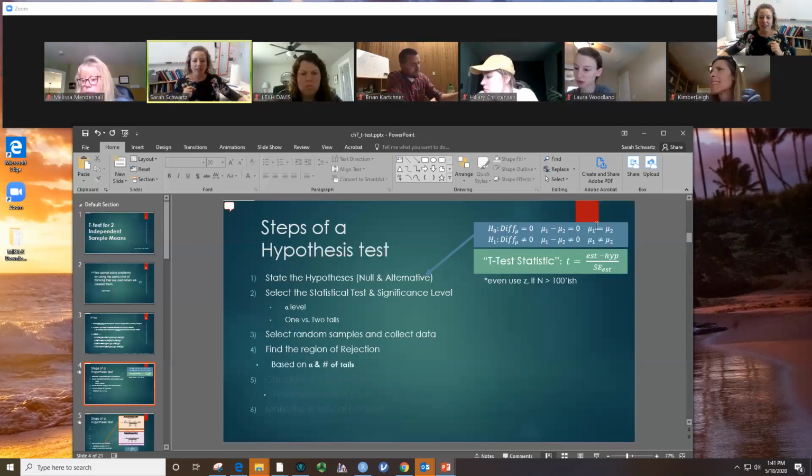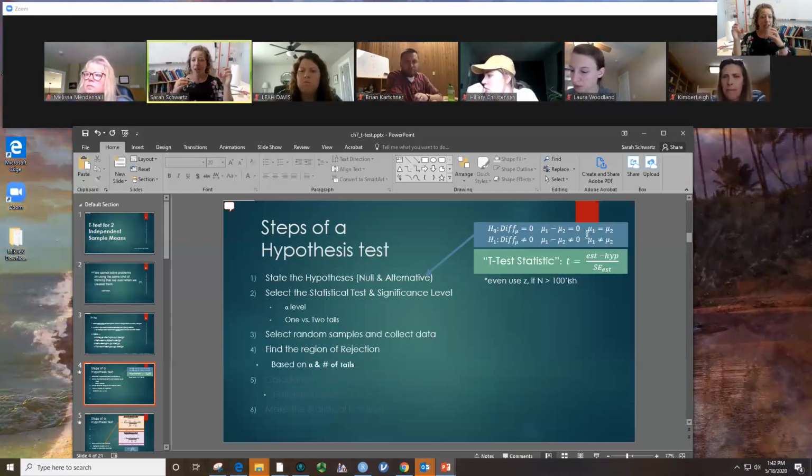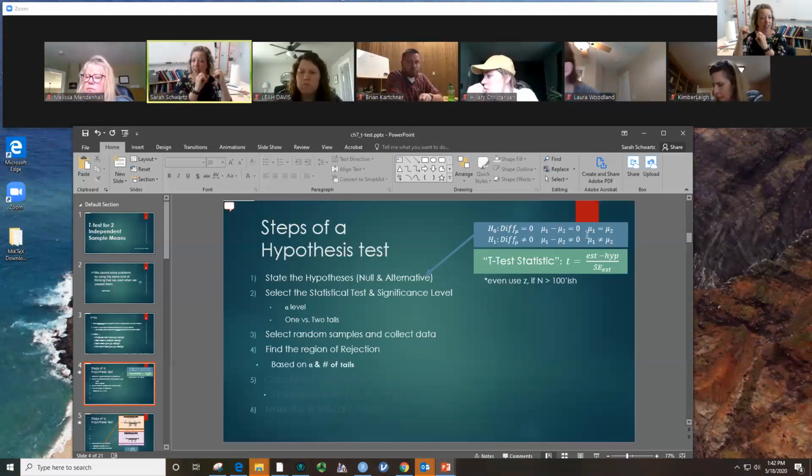Or we can write that the two mu's, and here there's mu sub 1 and mu sub 2, but you could do mu of men and mu of women. I would suggest not doing 1s and 2s. I would suggest doing words or letters to remind yourself which one's which. But you can write it either that the two mu's are equal, or you can write it that when you subtract the two mu's, you get 0.